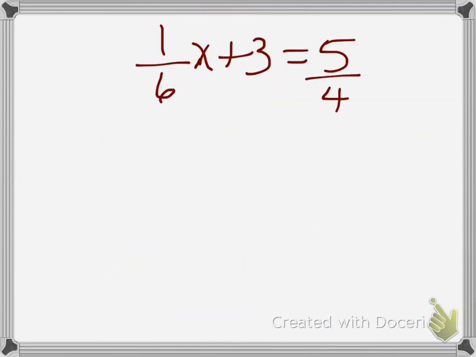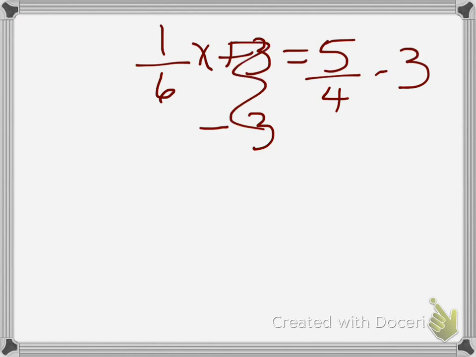Alright, so here is another problem. If you look at this problem, it reminds you of something very simple, like 3x plus 2 equals 5. That means you would do a two-step equation, where you would subtract 2 from both sides. So we're going to go back to our original equation. In this case, you're going to subtract 3 from both sides.